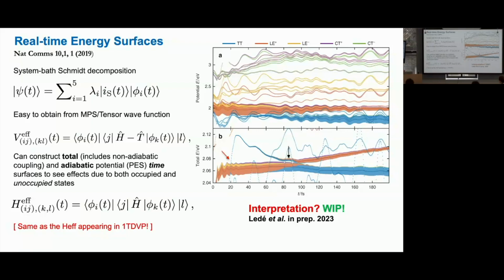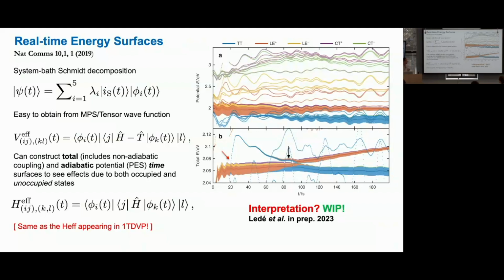We can take these configurations and subtract off the nuclear kinetic energy, then diagonalize the system Hamiltonian to get sets of system eigenstates at certain path configurations at each time step. So then we can look not just at populations and basic properties of the system, but also at the unoccupied states, and look at how this spectrum leads to dynamics.